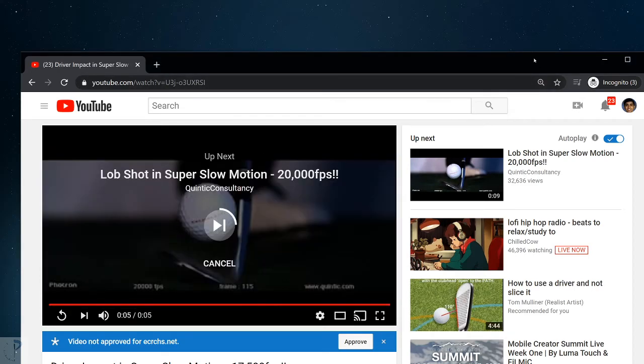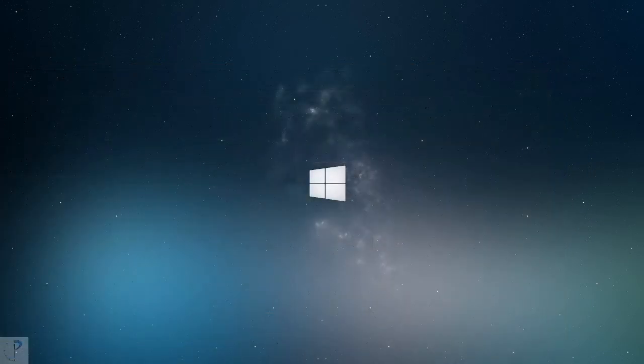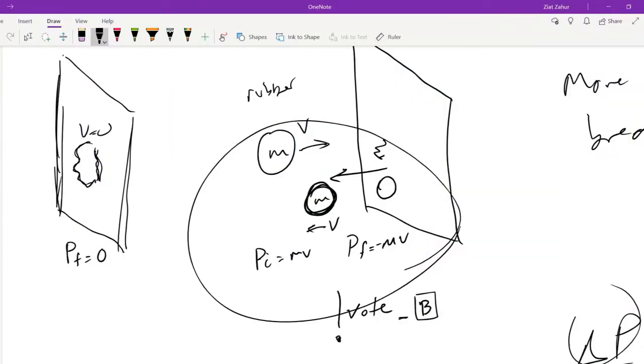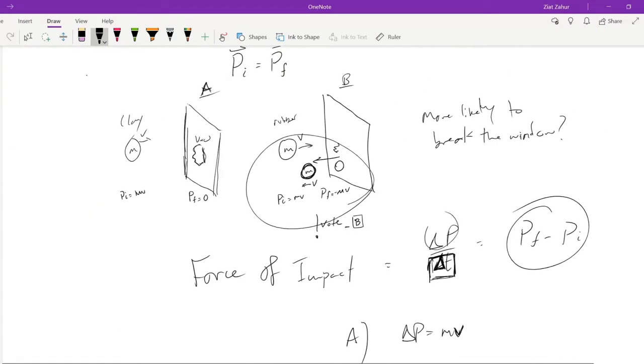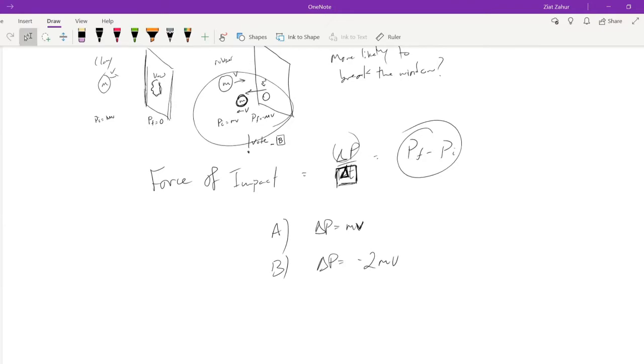Oh, that's too many videos. Yes, the rubber ball will definitely do more damage. All right. Yeah, golf balls. It looks like a little squishy rubber ball, doesn't it? Yeah. All right.